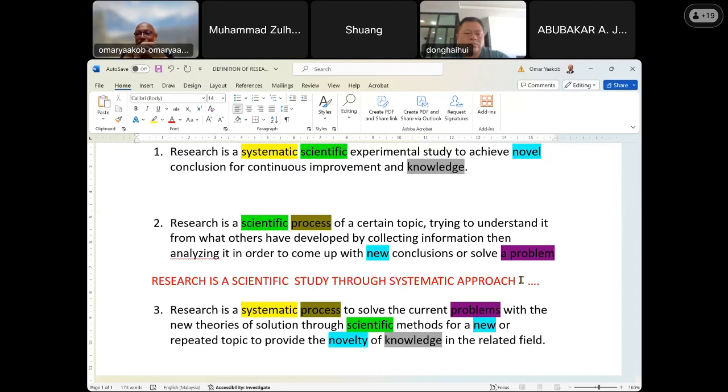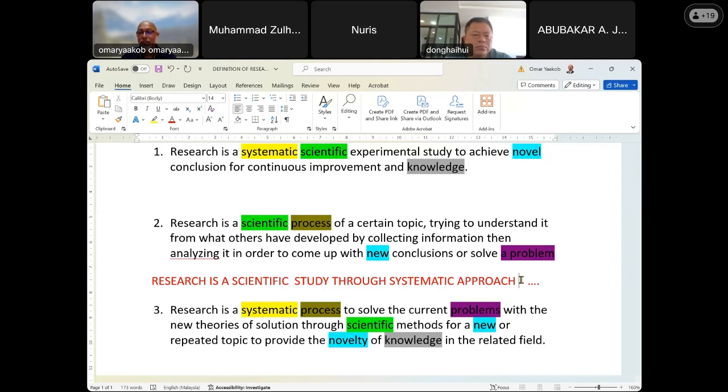Yes. I don't quite understand what you meant. Yeah. Excuse me. What I mean, Prof, I think I understand what he's saying. He's saying that systematic is some kind of logical approach. Means it doesn't use any mathematical formulas or anything, right?